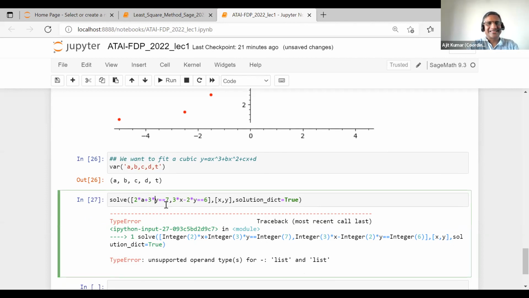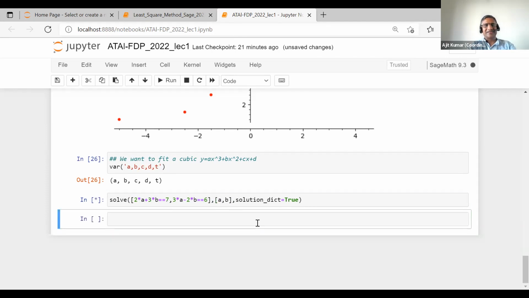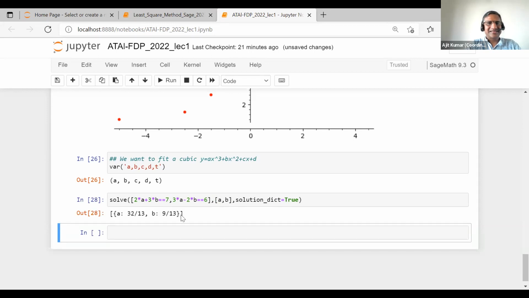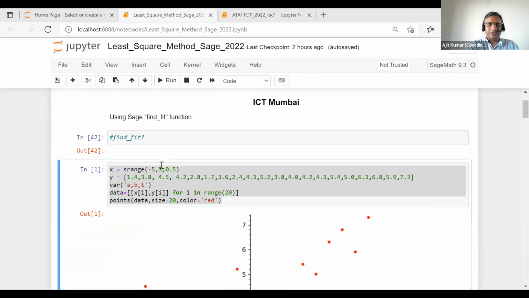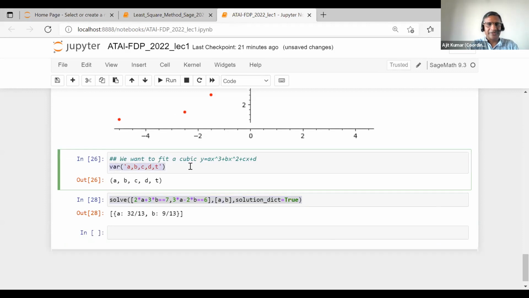So let us call this A, this B. Right, now it is giving me the solution as a dictionary. That is how we taught you dictionary. All these things become very easy when you want to work with the solution. So this is the solution. This variable name also I'll copy.